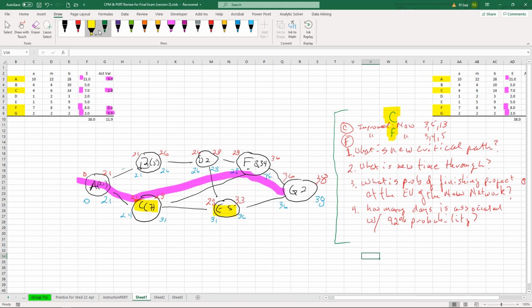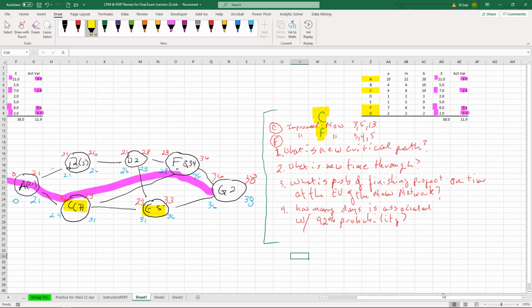What if we do that? There you go. Set it up thinking about it. Take the problem that we just came from and think about what happens if these two things improve. What is the new critical path, i.e., how much time does it take to get through there? What is the probability of finishing the project on time at the expected value of the new network?